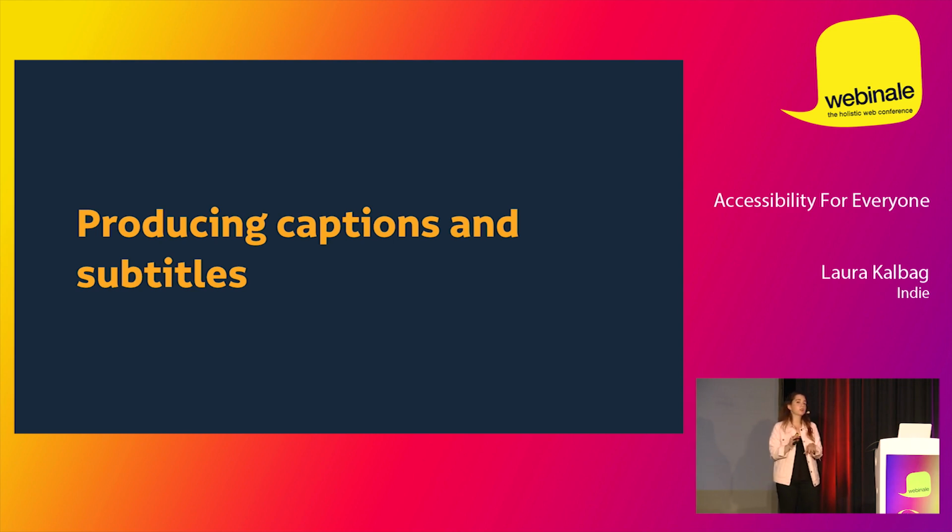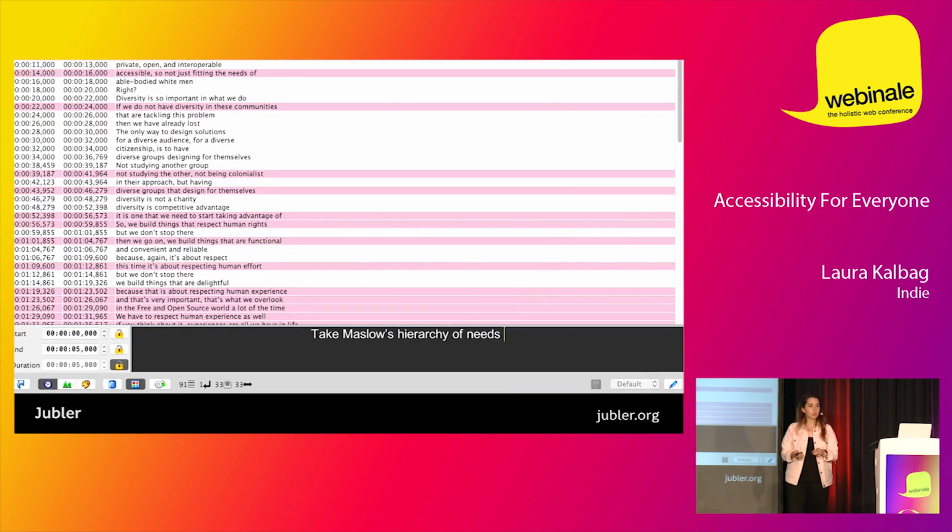Captions and subtitles can be quite time-consuming to produce. If you've sat there and tried to type up something that you're listening to, it's really hard. And captions and subtitles, particularly compared to transcripts, you have to specifically time to the video content. So this is a really great free and open app called Jubler that's across, I think, Mac, Windows, and Linux as well.